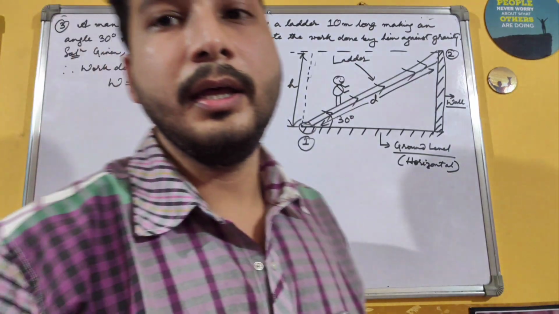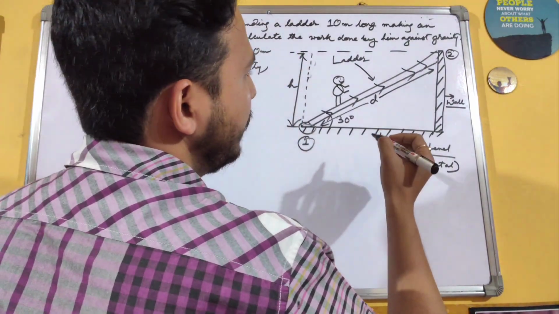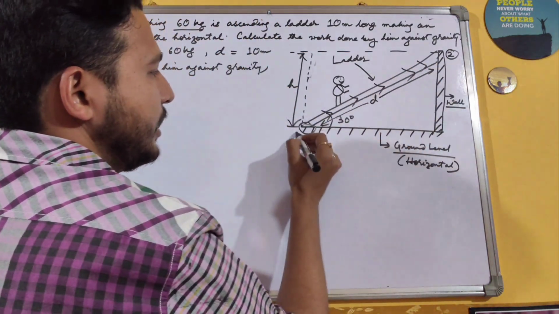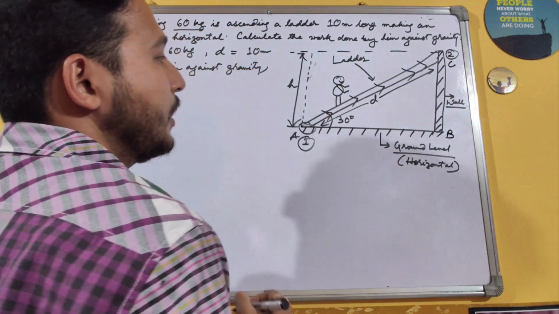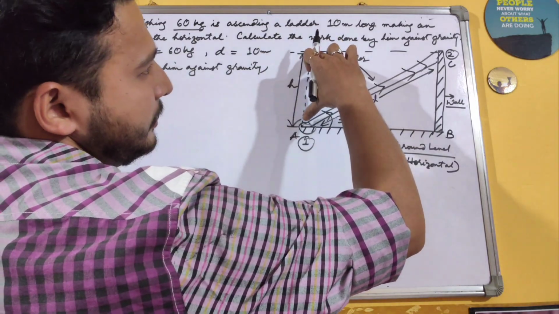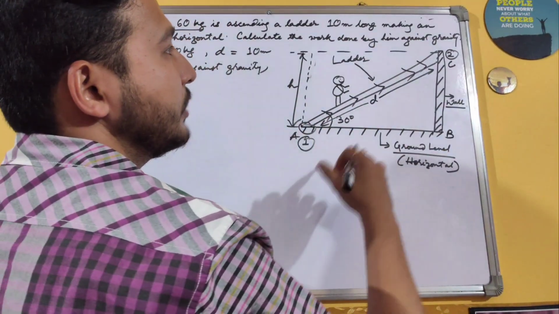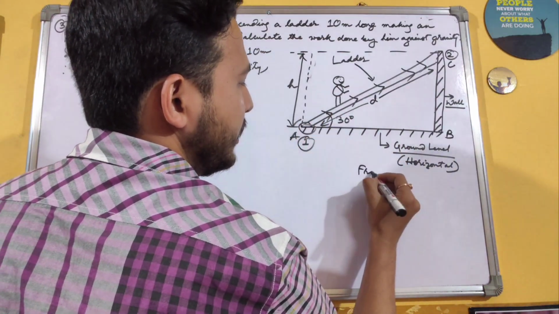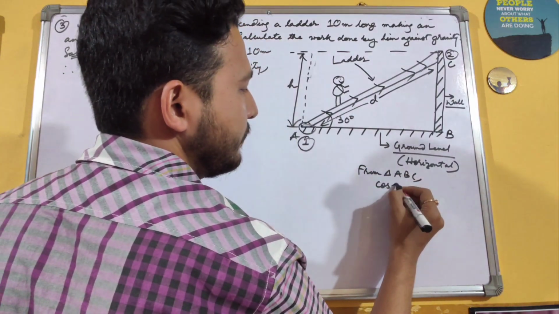For that we have to use the concept of trigonometry here. Let's take this triangle as ABC. This side is equal to this side, since it's a rectangle. So let's find out from triangle ABC, what is cos theta?